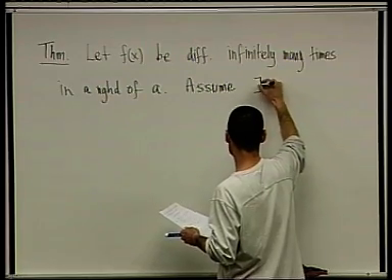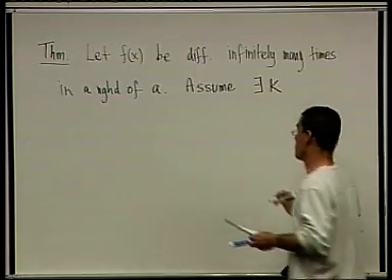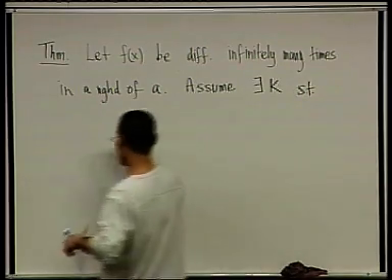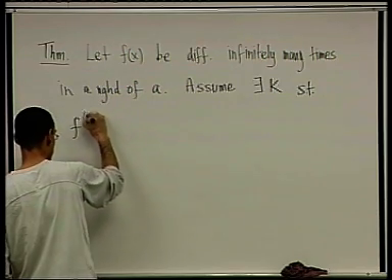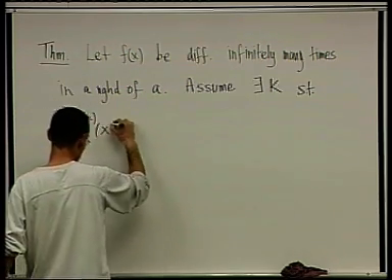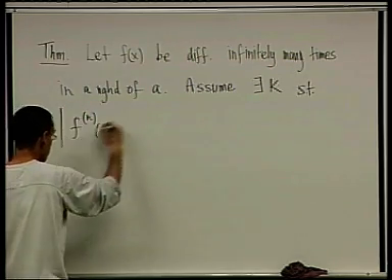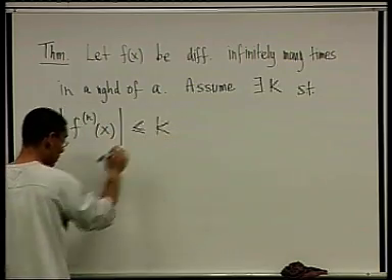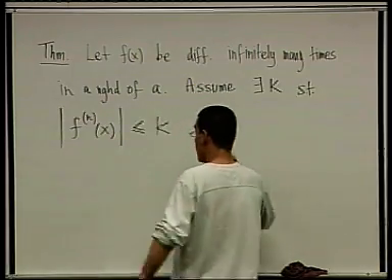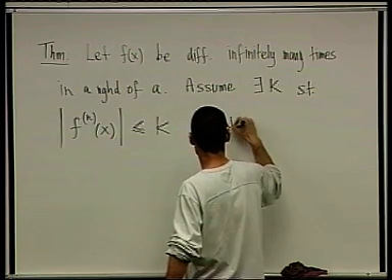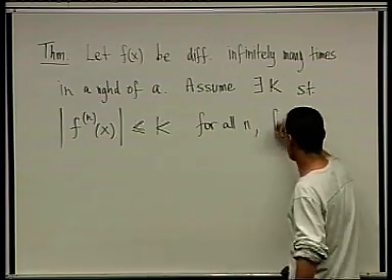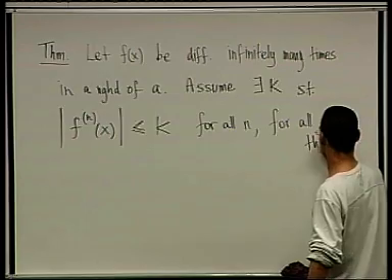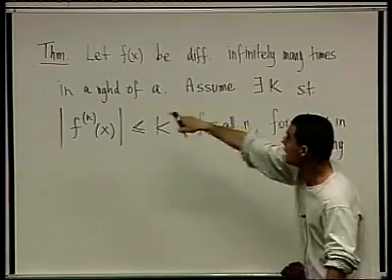Assume that there exists a k, a constant, a number, such that if you take the nth derivative of f, evaluated at the point x, this is going to be in absolute value less than or equal to k, for all n and for all x in the neighborhood that we're talking about, in this neighborhood of a.